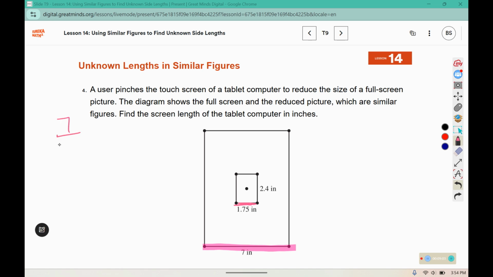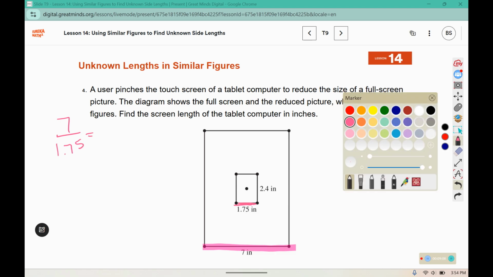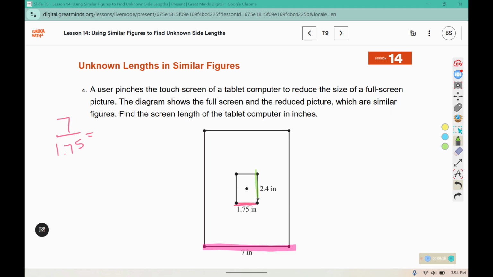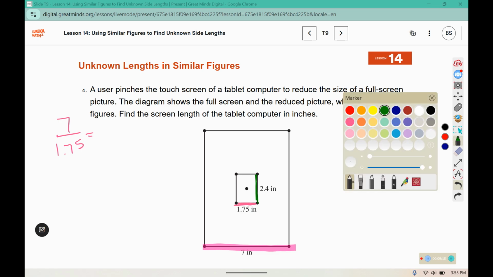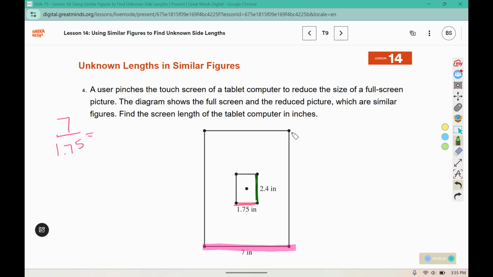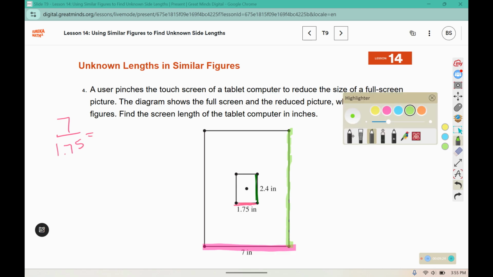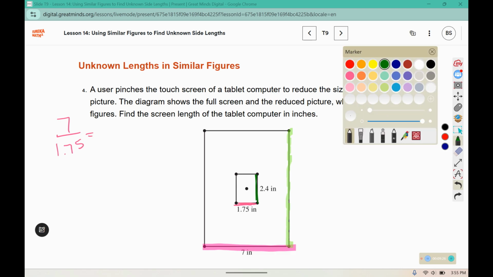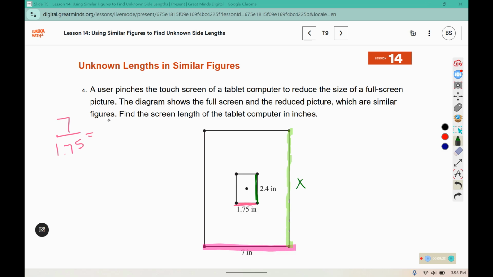We have 7 and 1.75. And then this one corresponds with this side length. So that is the unknown and 2.4.